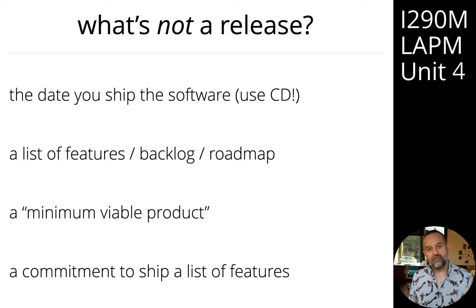A release is not a minimum viable product. We talked about what a minimum viable product is and is not in the last unit. We don't want to confuse those things. They are different things. An MVP is an experiment designed to test a hypothesis about our product.